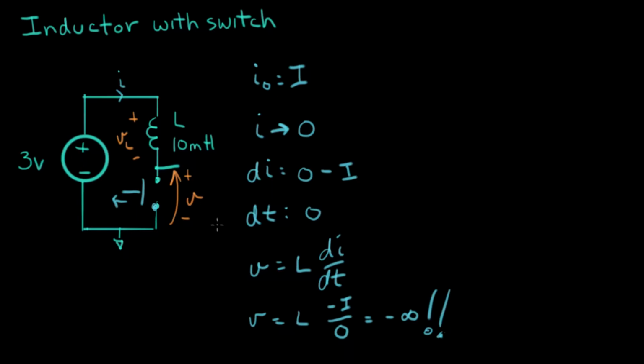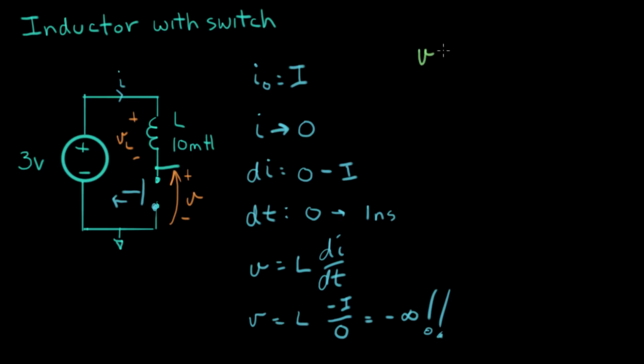Well, let's take a second. Let's say the switch didn't open in 0 time. Let's say dt was, let's say it was 1 nanosecond. Let's give it some time to open up. All right? Maybe that'll save us. Maybe that'll make more sense. Okay, let's do that.